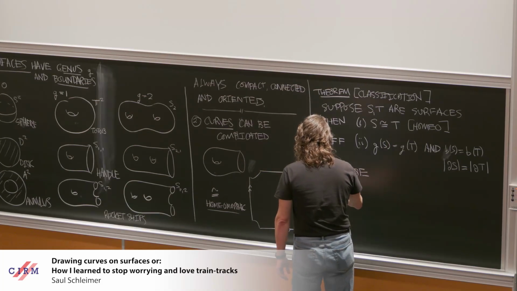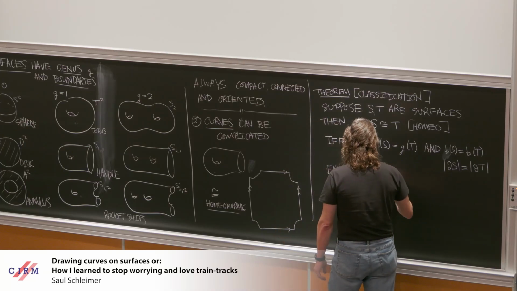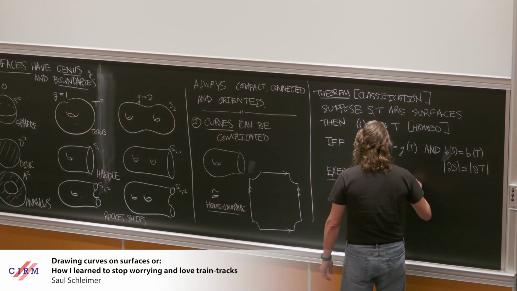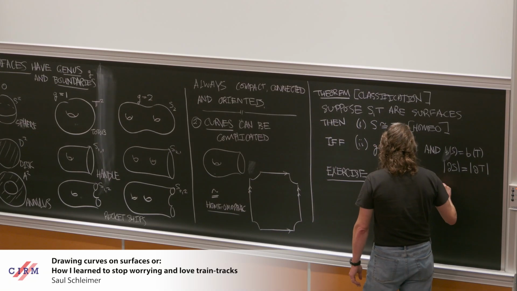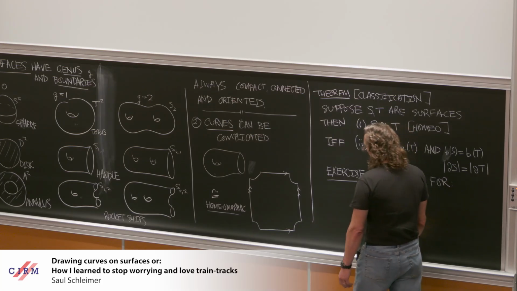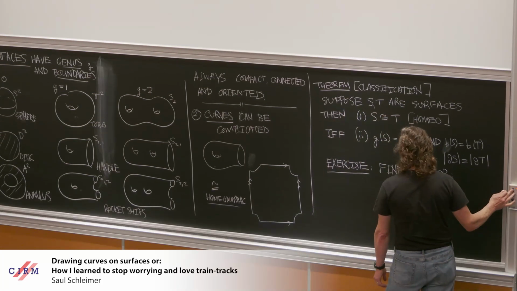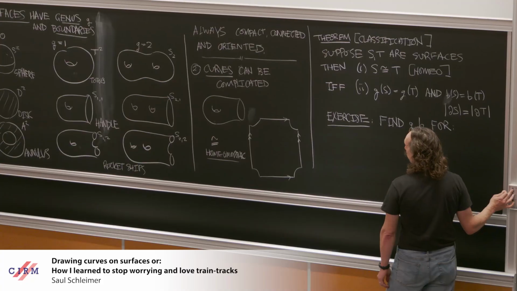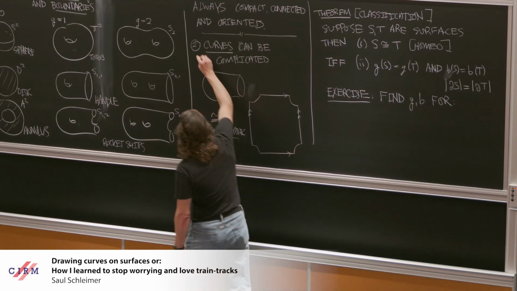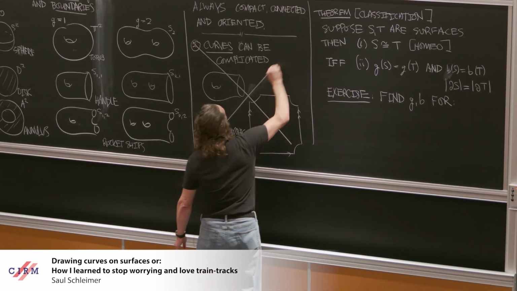You know what? Let's change the exercise. Find G and B for. And so then we'll have a few example surfaces, and I'll draw them on the next board. So my apologies. I'm going to rewrite this on the next board.